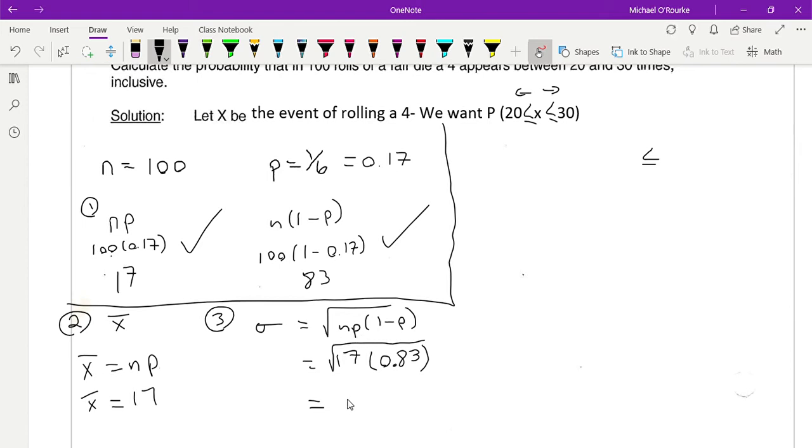So standard deviation should be 3.73. Now we use the z-score.